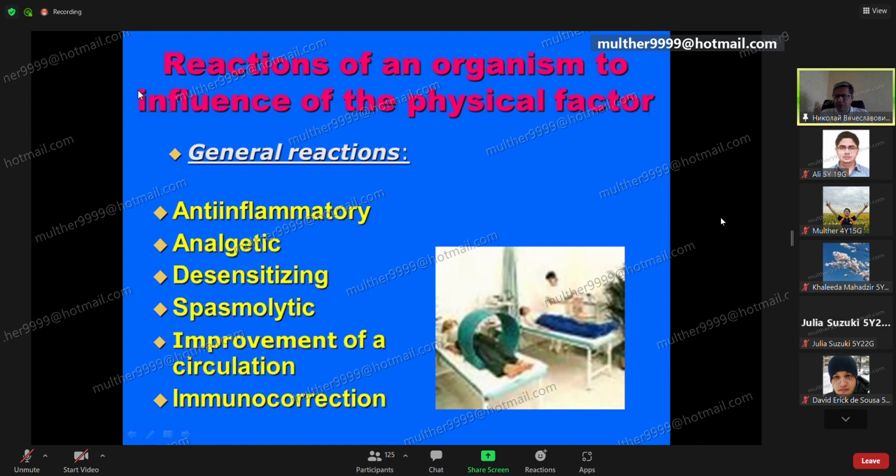First is general reactions: anti-inflammatory effect, analgesic, desensitizing, or decrease of sensitivity to, for example, any allergens, spasmolytic, improvement of blood and lymph circulation, immunocorrection. All these effects are general reactions.